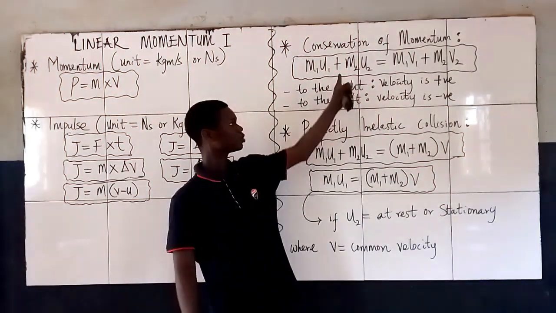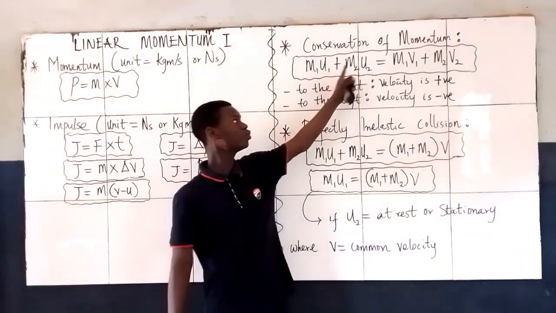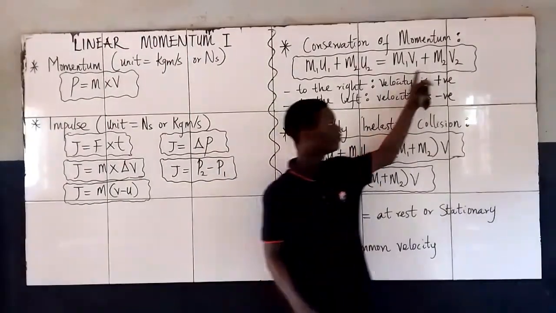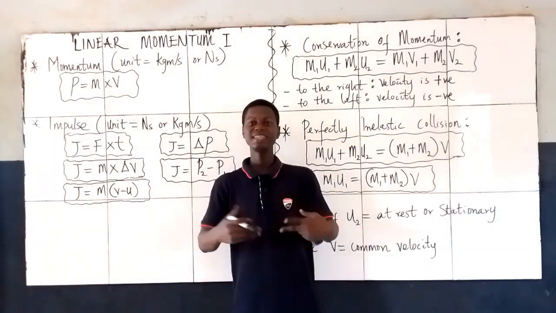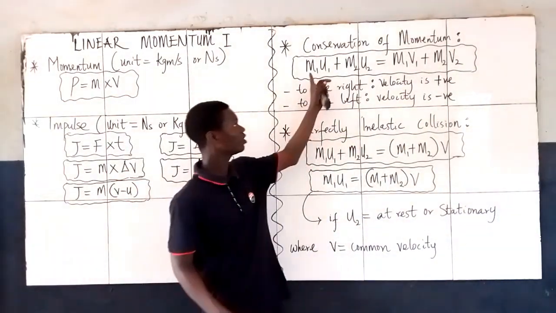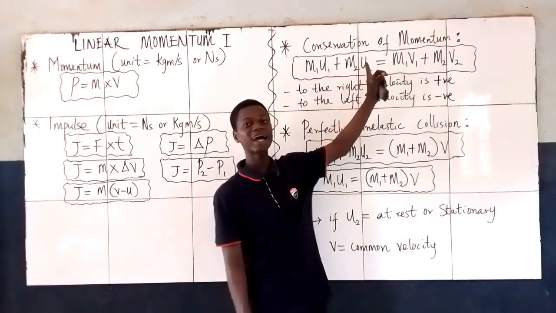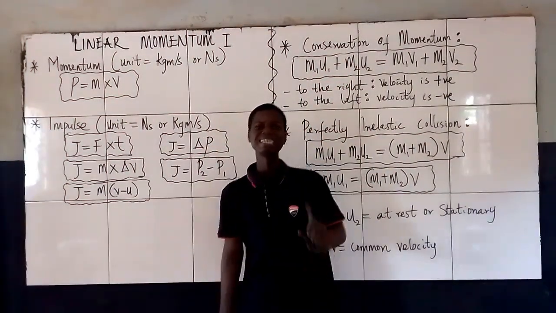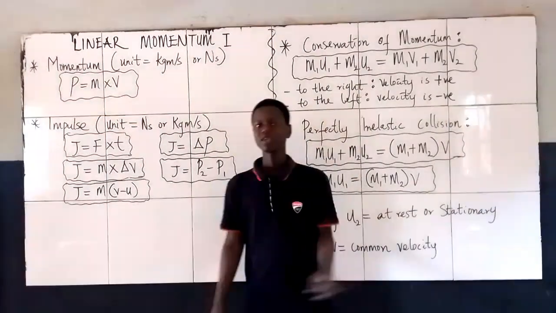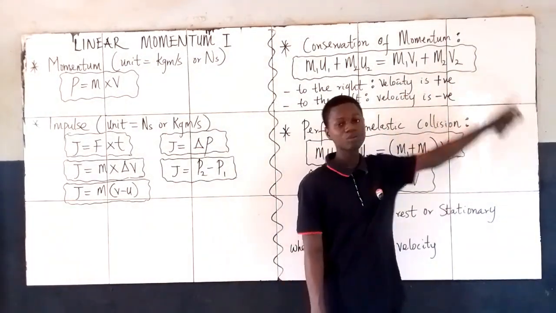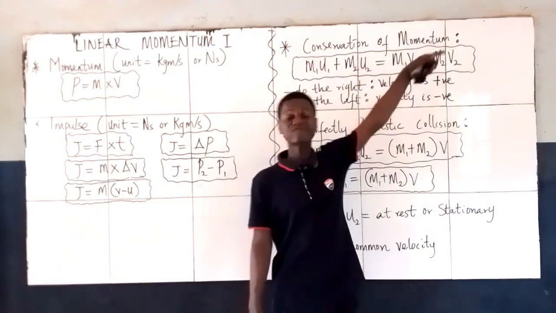And that brings us to the formula you have here, where U stands for what? The initial velocities. And the V you have here stands for the final velocities. So for the first body and the second body, the momentum of the first body added to the momentum of the second body initially, the U's, is equal to the momentum of the first body added to the momentum of the second body after collision.